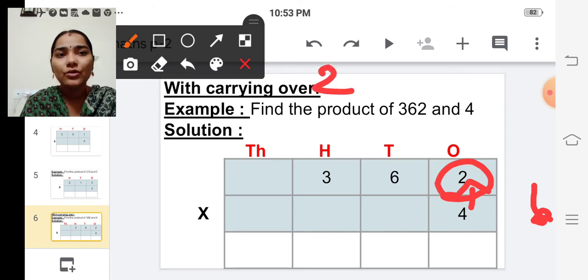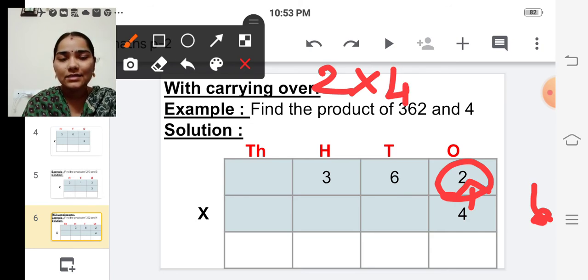So, 2 into 4. 2 4s are 8, isn't it? So, write this 8 here. Is it clear? Yes.